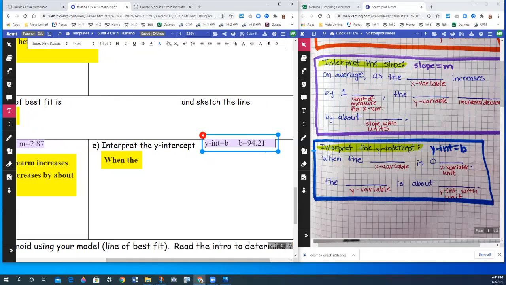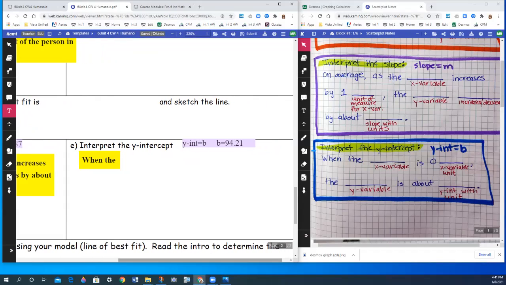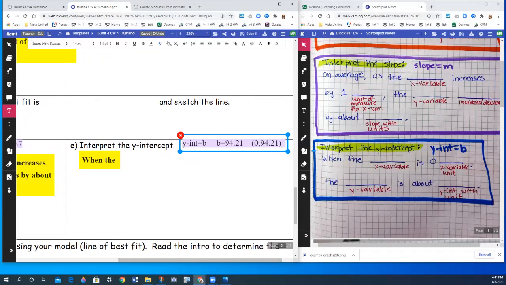And I'm going to write that as a point, because really this is a point. So the y-intercept is (0, 94.21). That is what I'm going to use in this sentence frame. So when the, again, start with your x variable.